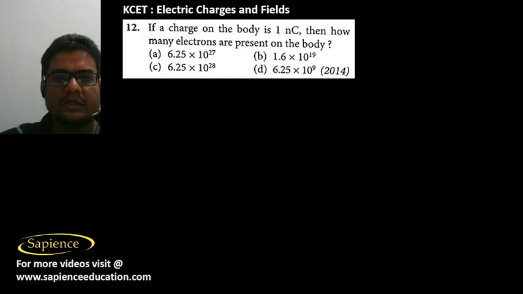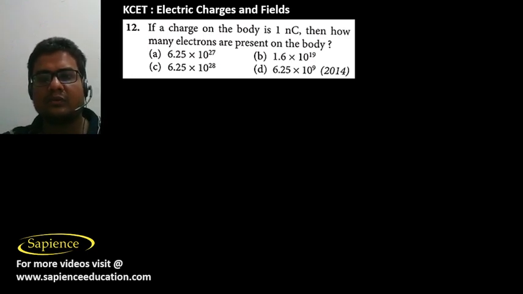Then it's told that the charge on a body is 1 nanocoulomb, then how many electrons are in it?